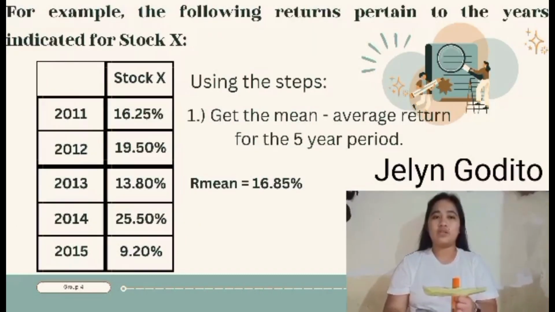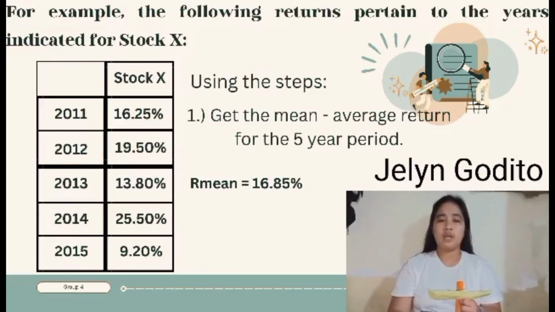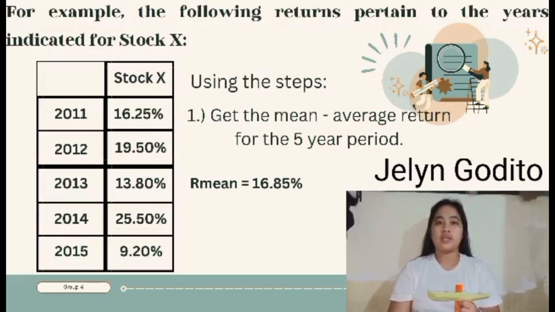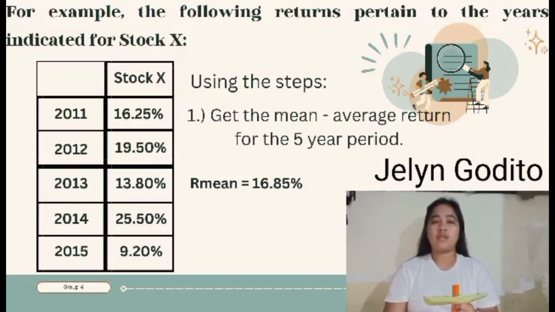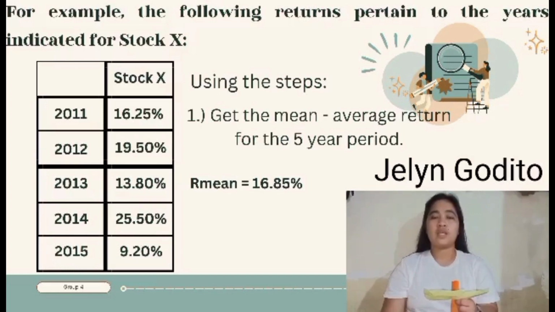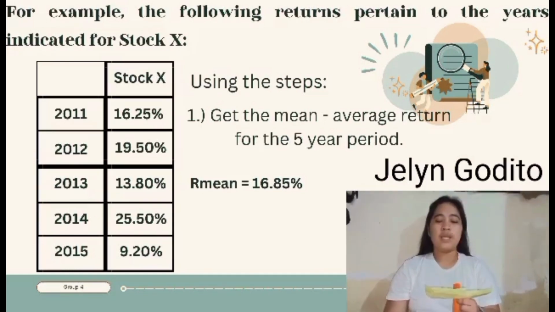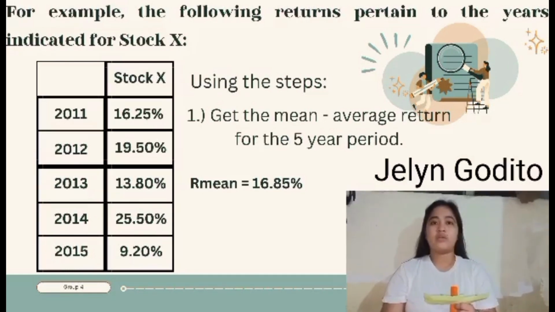So, I will show the data. For example, we have a table. It shows historical data of the returns each year, from 2011 to 2015. The first step is to get the mean, or the average return, for the 5-year period from 2011 up to 2015.